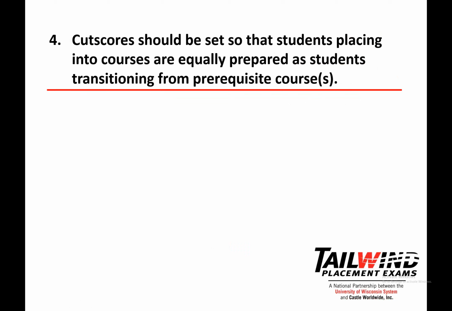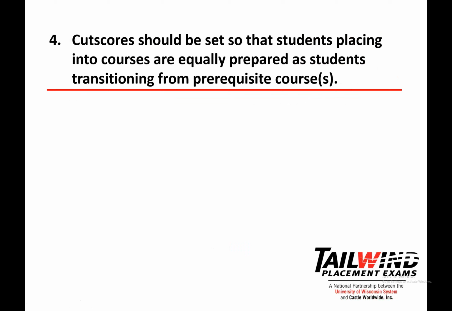So one way that we can think about setting cut scores is to set them so that the probability of success is equal for these two groups, right? We actually don't have the luxury of changing the placements of students who work their way through the sequence, right? They've taken the prerequisite course, so by definition, those students are correctly placed.